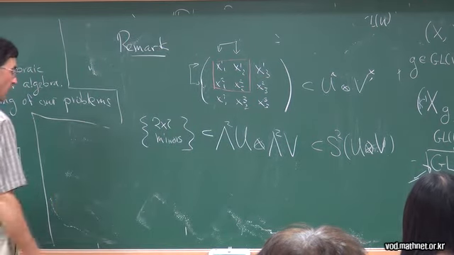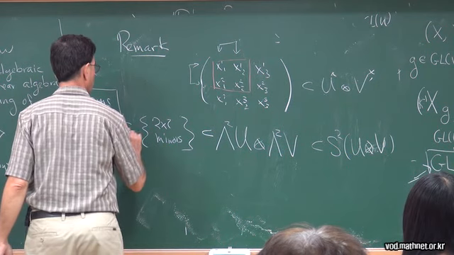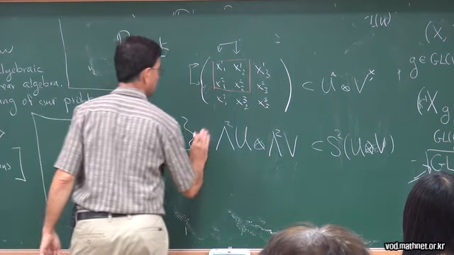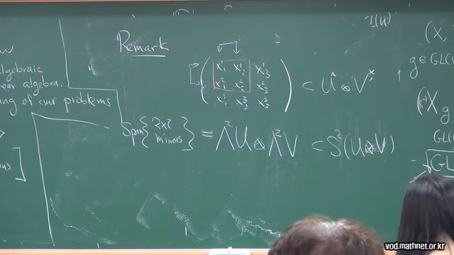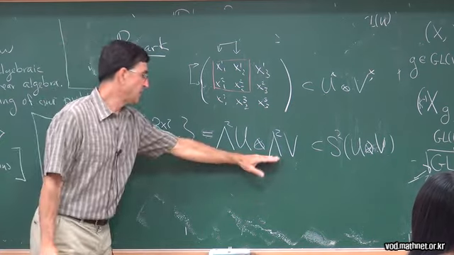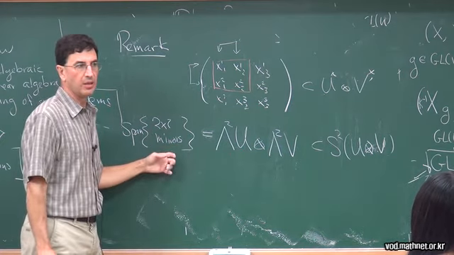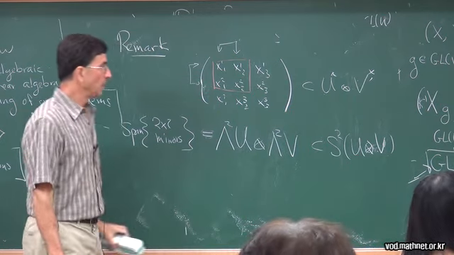The next remark is that if I take the span of this space, I get equality. You can prove that by taking a basis of this space among elements of here, because we know the dimensions of these vector spaces.